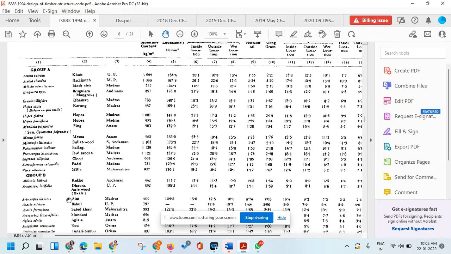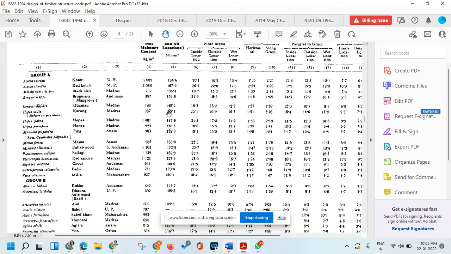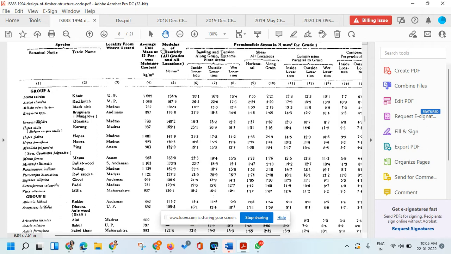Okay, here you can locate that any wood is there in table 1 first page itself, and the main properties that we usually need is the modulus of elasticity of the particular material of wood, as well as the prescribed stress, particularly the compressive stress parallel to the grain.